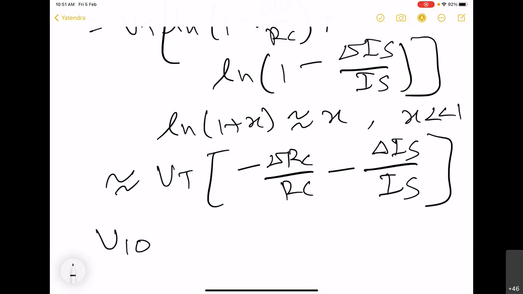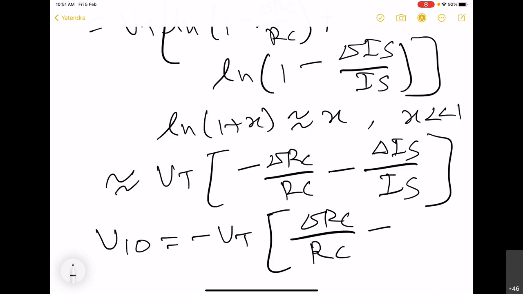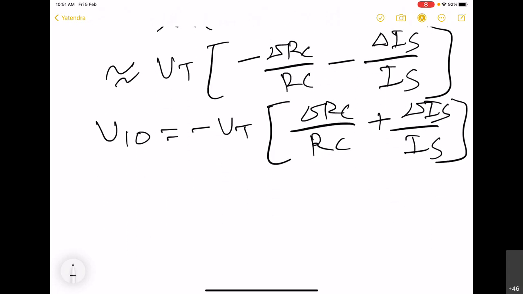So V offset is minus VT times delta RC by RC plus delta IS by IS. So this is the offset voltage required for BJT.